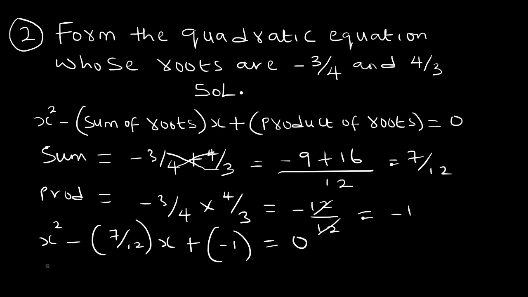So if we open up, we'll have x squared minus 7 over 12 x plus minus is minus. So that gives us minus 1 is equal to 0.